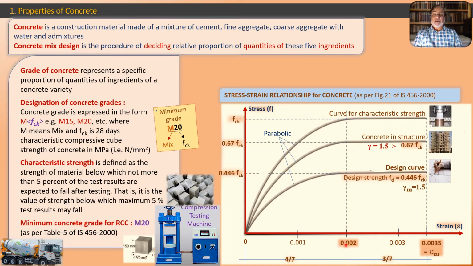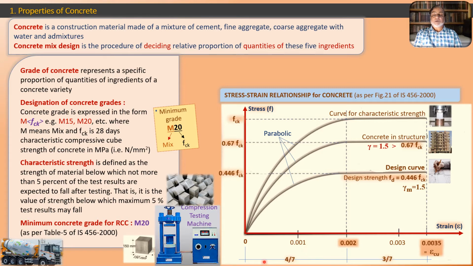Here coincidentally the parabolic shape is up to 0.002 for concrete also, and that is why this 0.002 value also seems to have some significance. Now if we divide this, the parabolic part becomes 4/7 and the straight part becomes 3/7.